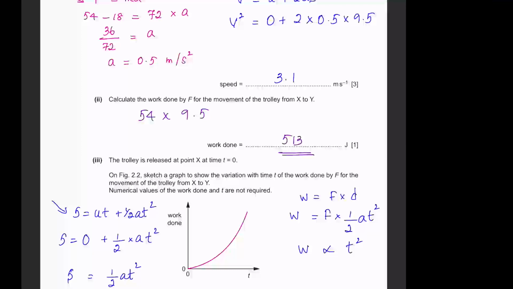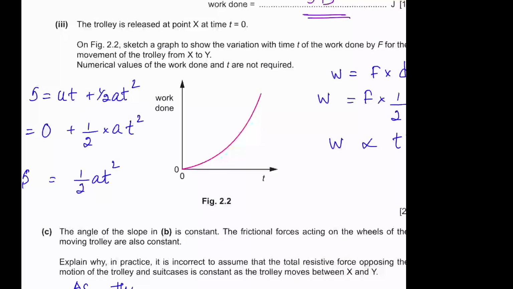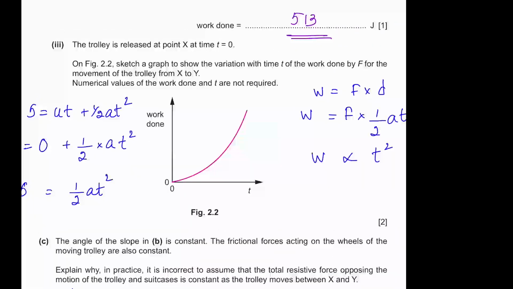So that is what the question says: explain why in practice it is incorrect to assume that the total resistive force opposing the motion of the trolley and suitcase is constant as the trolley moves between X and Y. So you can say, as the speed increases, air resistance will increase.